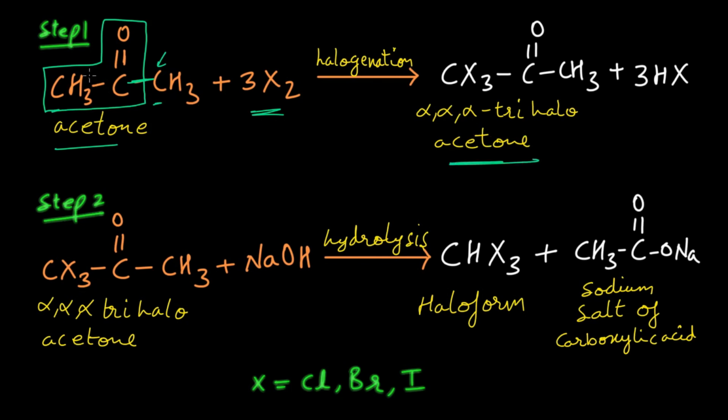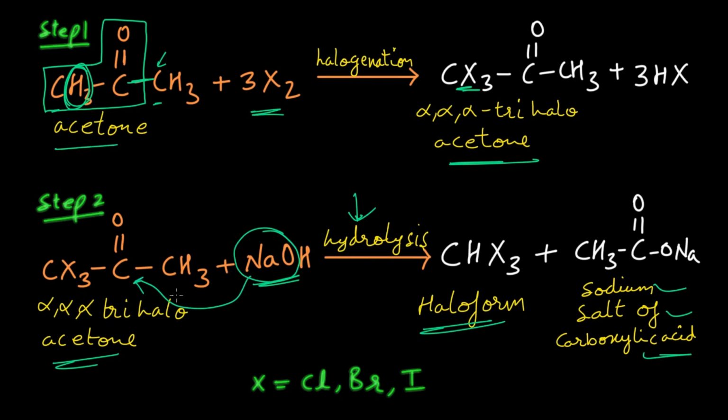All these three hydrogens are replaced by halogen atoms. In the next step, when the same trihaloacetone is treated with NaOH and hydrolysis takes place, the final product is going to be a haloform and sodium salt of carboxylic acid. In this reaction also, this whole ONa group will be attached to this carbon, so you are going to get CH3COONa, and this hydrogen will go to this carbon. So this will give you a haloform: chloroform, bromoform or iodoform.